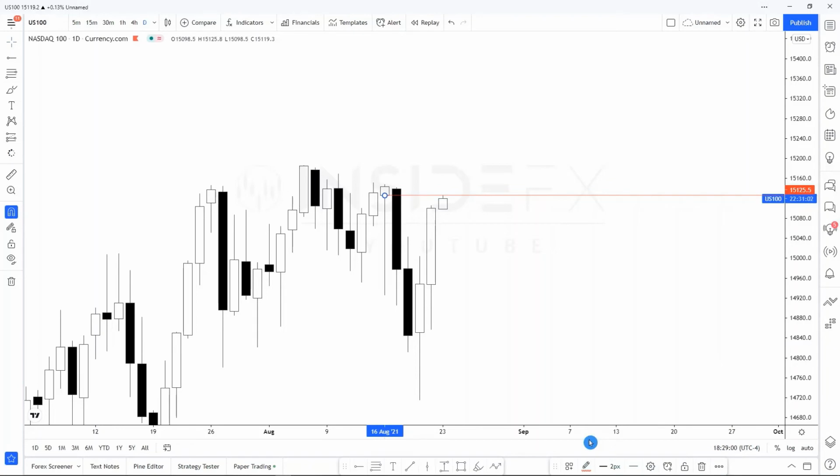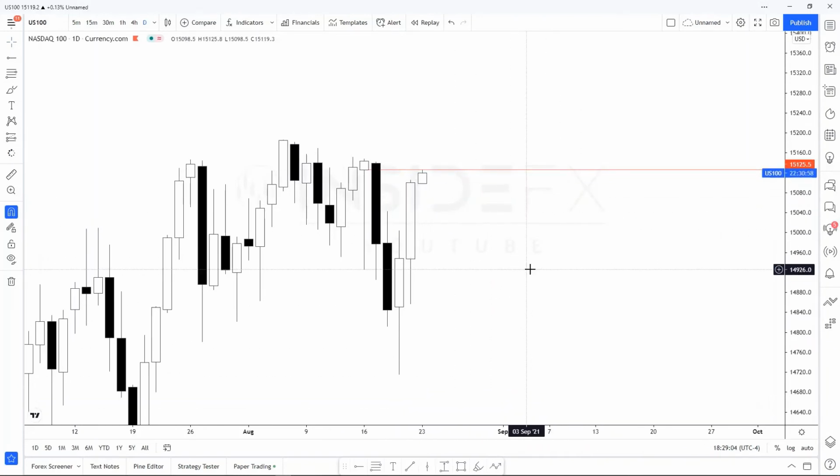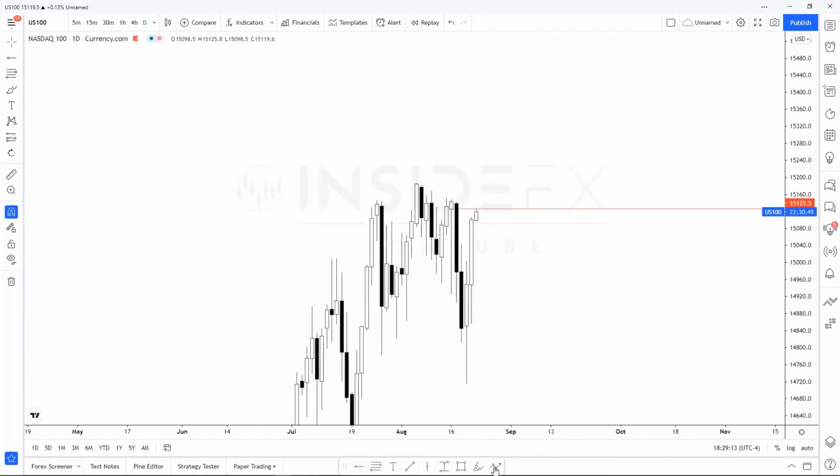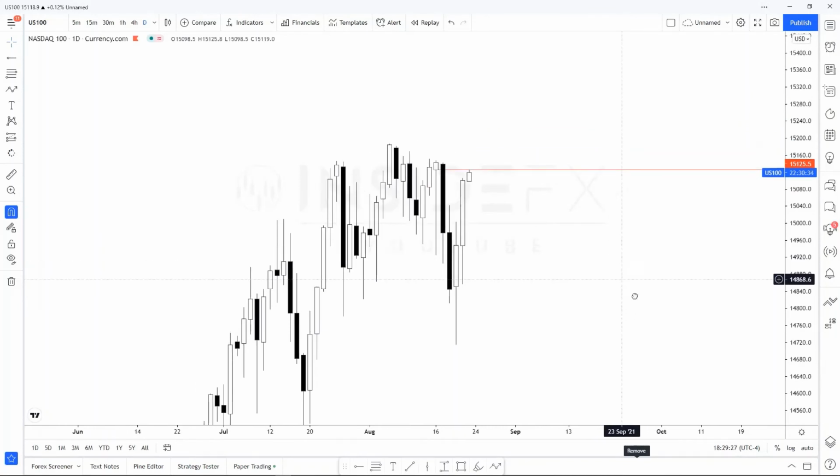We want to keep that in mind and wait for price to show that it wants to head towards the downside. But what price can do is take out these highs, the previous high or the all-time high, and then just drop down. We need to wait for price to show us that.